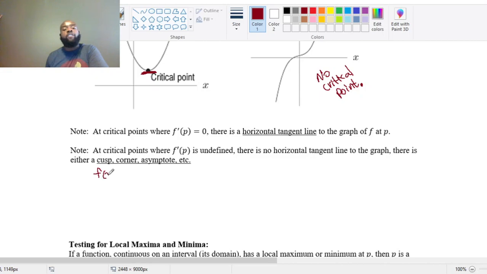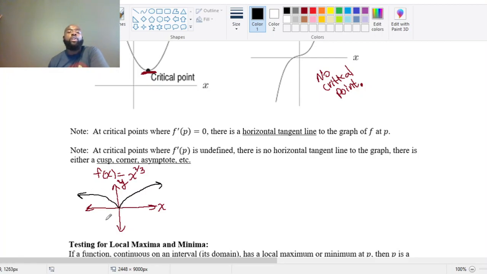Let's look at the function f of x equals x to the 2/3. All right. If I graph that function, if I'm not mistaken, so I have my xy plane, this function looks like this. So your derivative is defined when your derivative from the right and your derivative from the left are exactly the same.